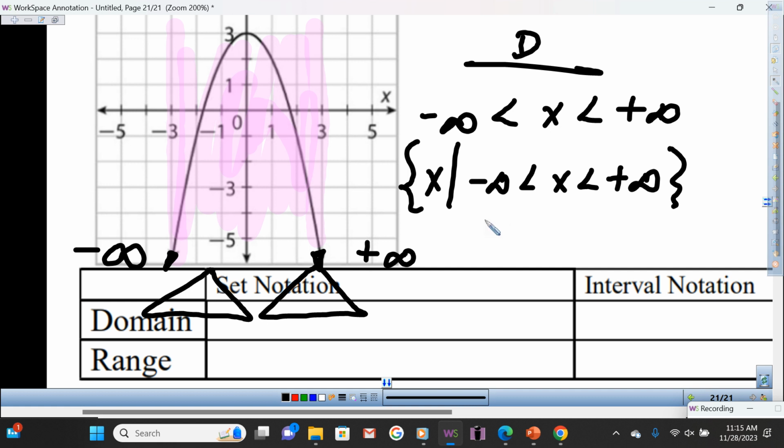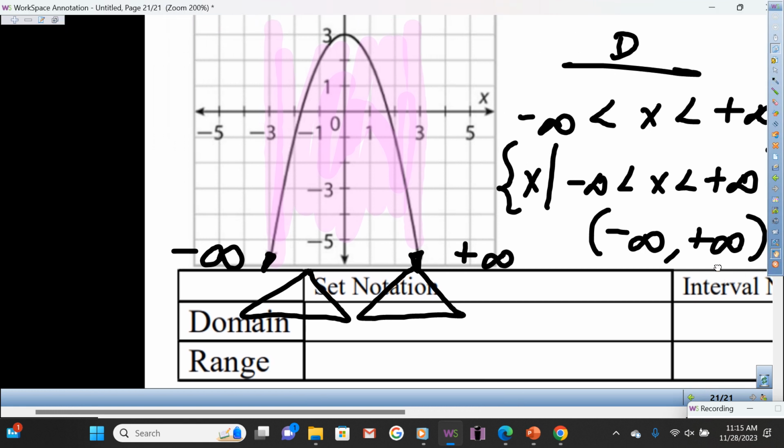Looks like Danny's got it. Okay, go Danny. Parentheses, negative infinity, positive infinity, parentheses. Hands, have you got that? That is correct. And why parentheses? Because we can never catch up to infinity. All right, so that was the domain.